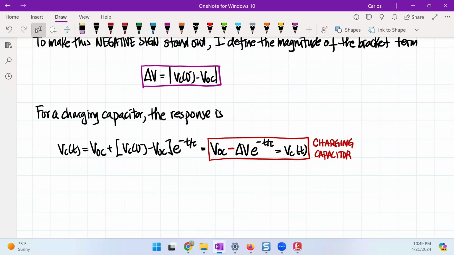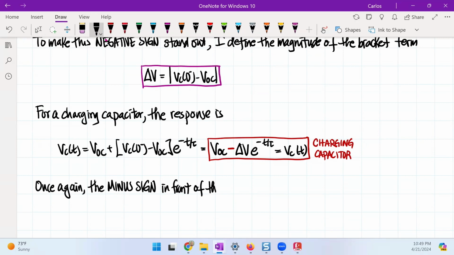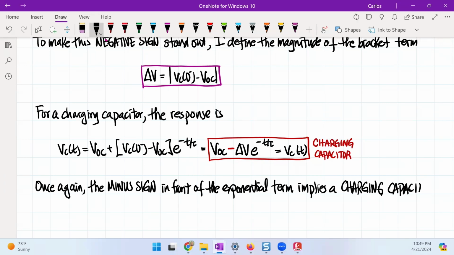Once again, just to be clear, the minus sign in front of the exponential term implies a charging capacitor. So I really got to make this stand out.